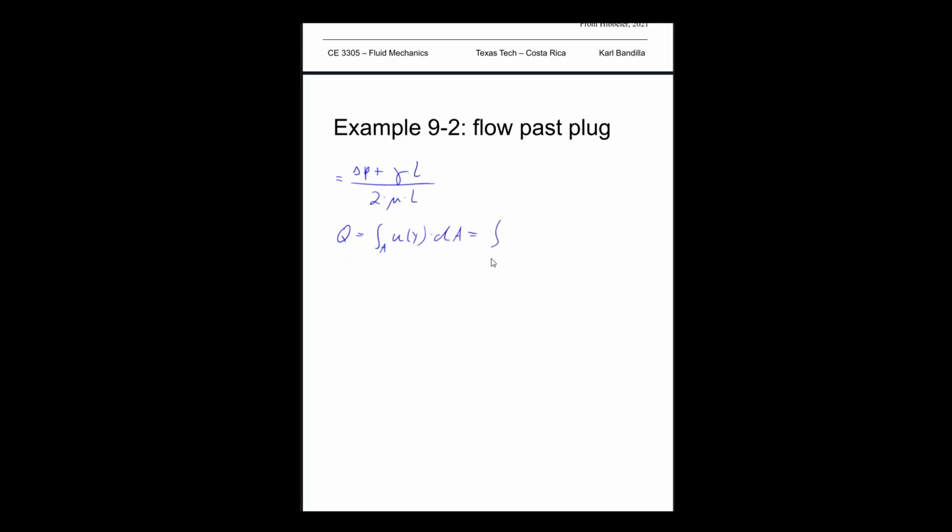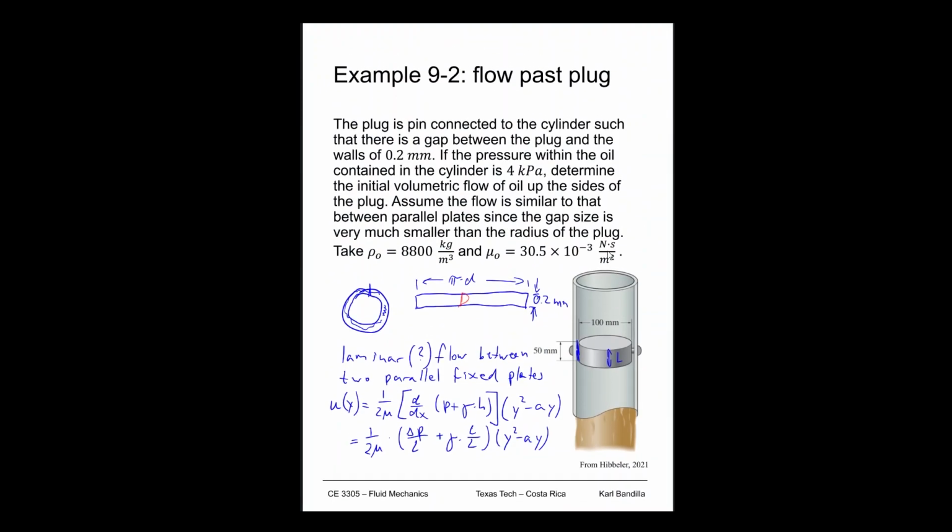And if we refine that, we can say that's 0 to a, from the bottom to the top, of u of y times, and the area is just going to be the width, pi times d times dy, right? If this is our y direction here, then that's how we'd integrate.